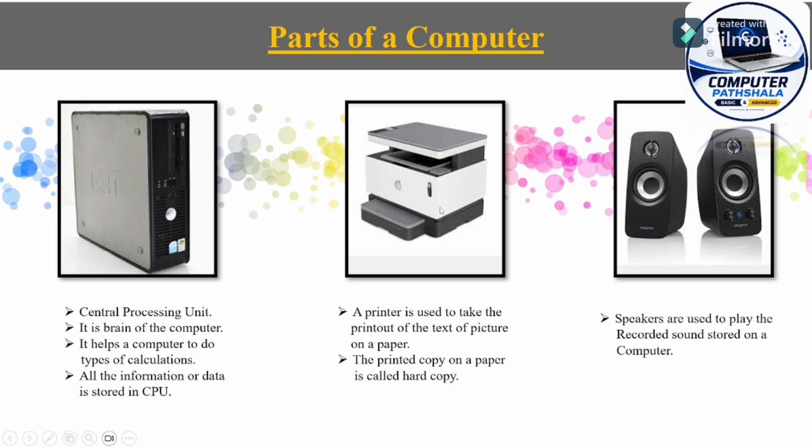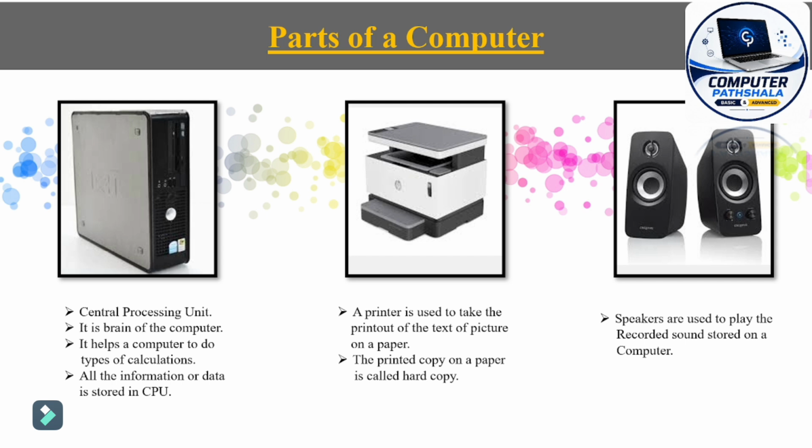Next is the printer. It is basically an output device. Why? Because it is used to take a printout of text on paper, whether it's text written on a page or some pictures. That printed copy is known as a hard copy.